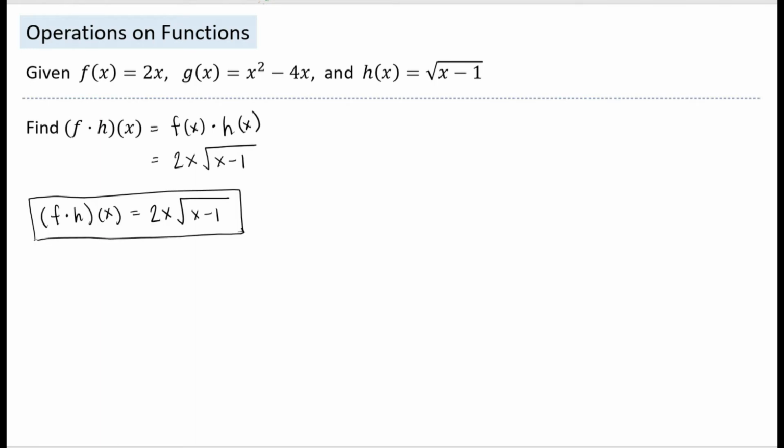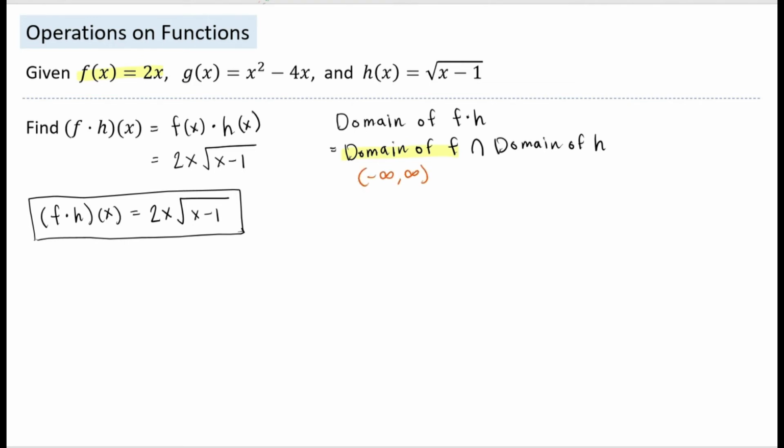The domain of f times h is the intersection of the domain of f and the domain of h. The domain of f is again from negative infinity to infinity. The domain of h is the domain of square root of x minus 1.